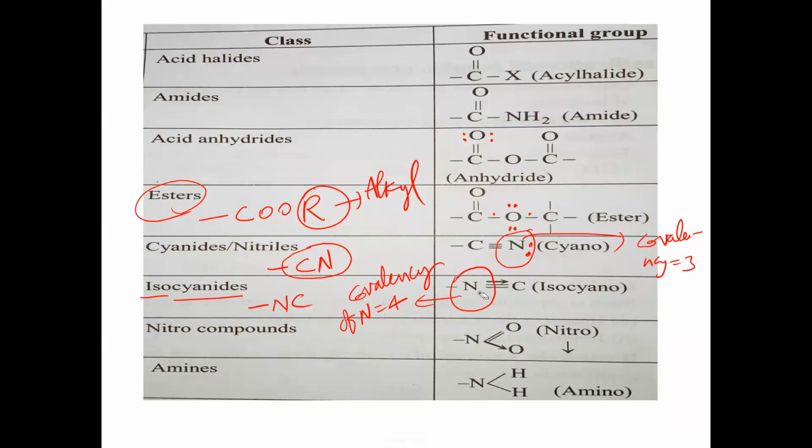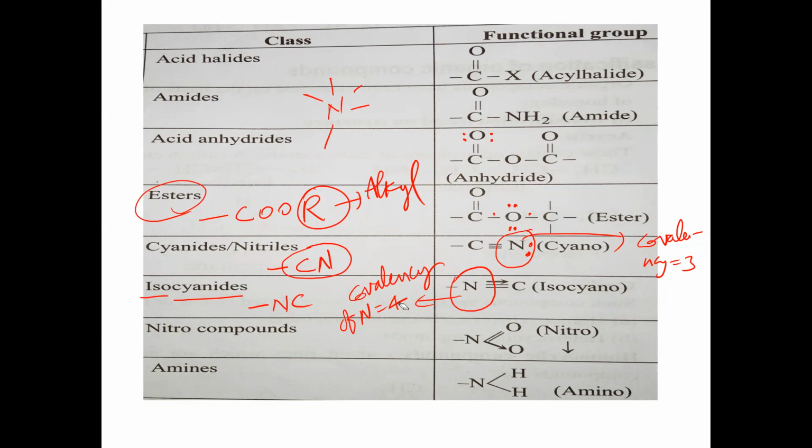But in isocyanide, nitrogen covalency is 4. So what will be the maximum covalency of nitrogen? Maximum covalency of nitrogen is 4 only, remember. Nitrogen cannot form 5 bonds with 5 valence electrons. It can form a maximum of 4 bonds only: 1 dative bond and 3 covalent bonds.